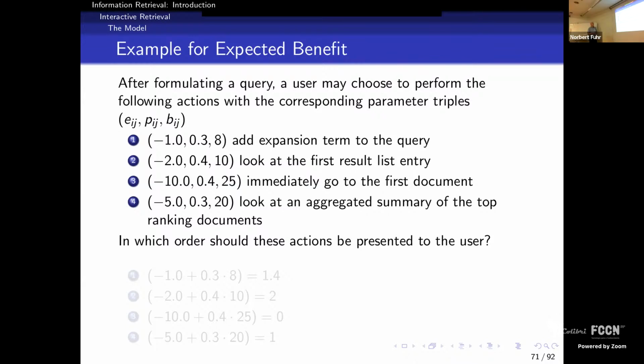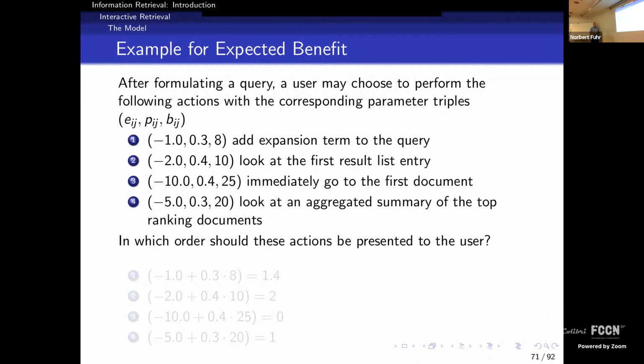The user might pick the choice with 0.4, and the benefit would be 25. Or you could also present an aggregated summary of the top ranking that would take 5 seconds to look at. The user will want that with probability 0.3, and the gain is 20.